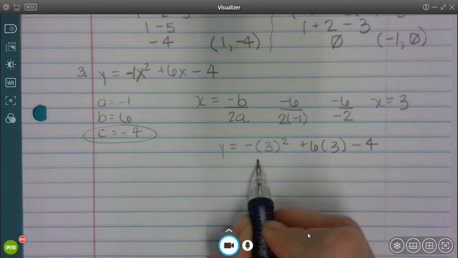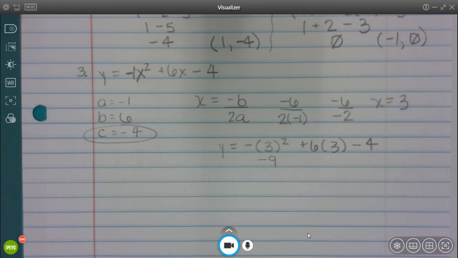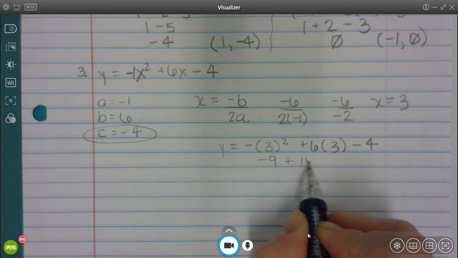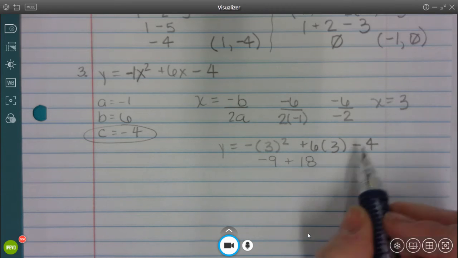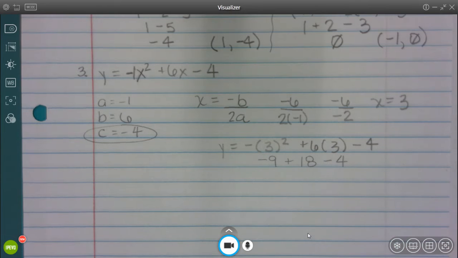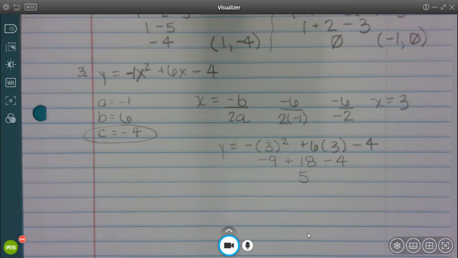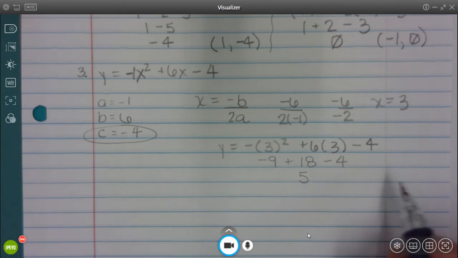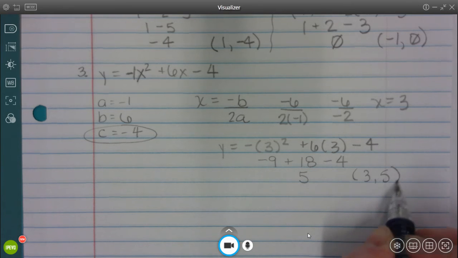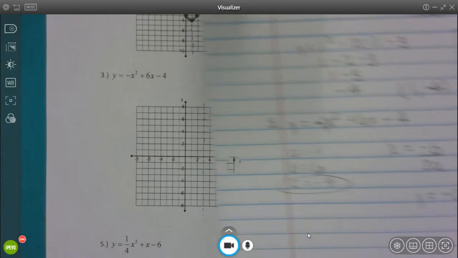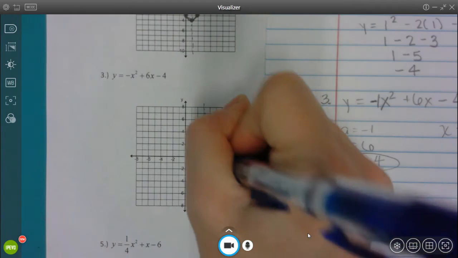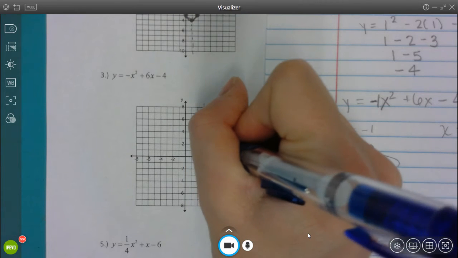So this will be -9 plus 18 and -4. So -9 plus 18 gives me 9, -4 gives me 5. So I'm going to graph the point 3, 5 on my axis of symmetry. 1, 2, 3, 4, 5.